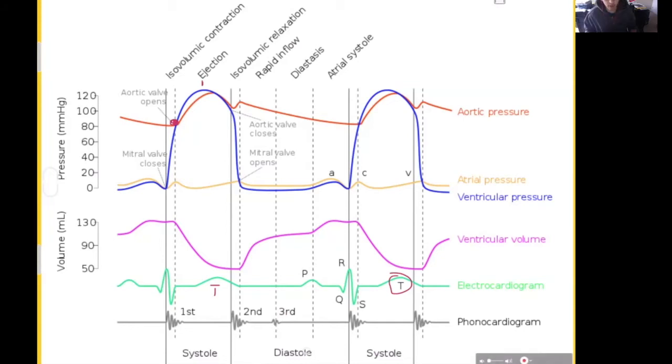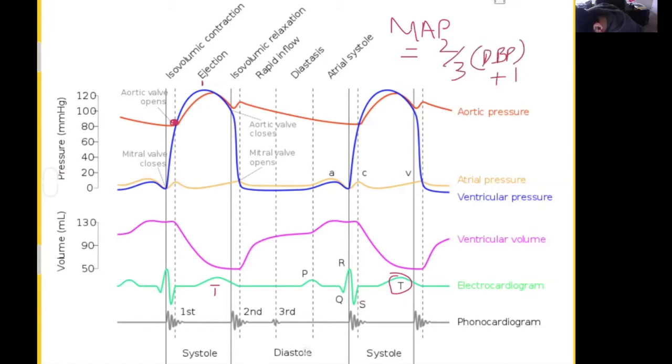Now we have our longer phase of the cardiac cycle. We have to remember that 2/3 of our cardiac cycle is spent in diastole, and 1/3 is in systole, which defines our mean arterial pressure. When we calculate our mean arterial pressure, our MAP, the equation is usually 2/3 DBP plus 1/3 SBP.